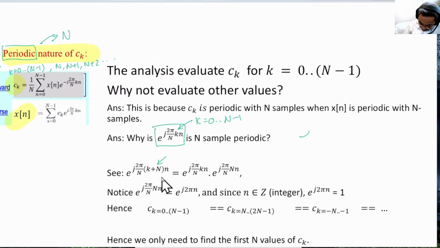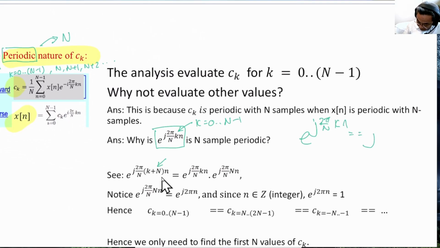We'll show that e^(j 2 pi over N times kn) is equal to e^(j 2 pi over N times (k plus N) n). Once we have shown that this is true, then it means that this CK is N periodic.